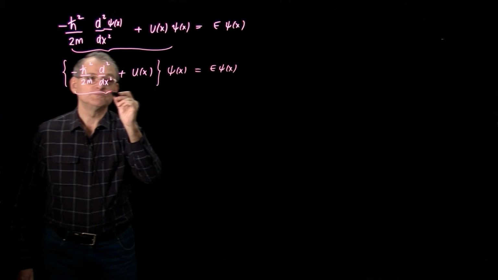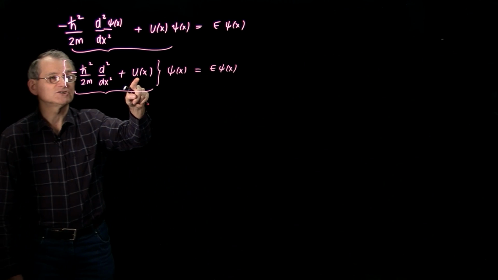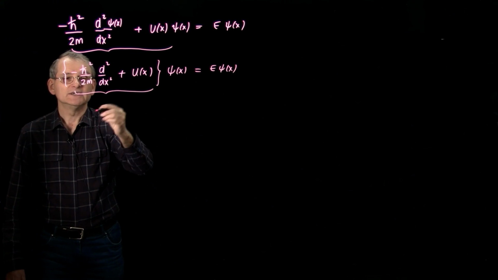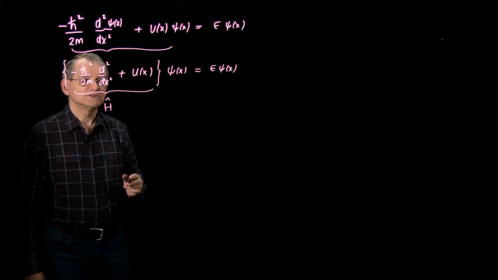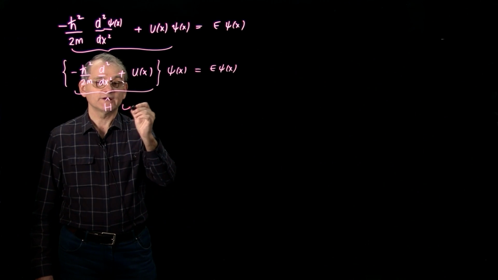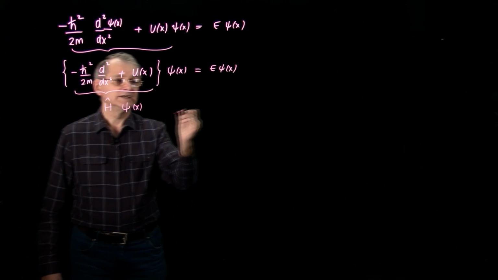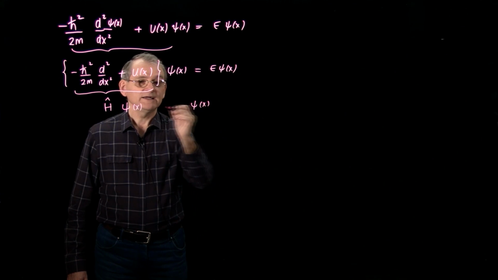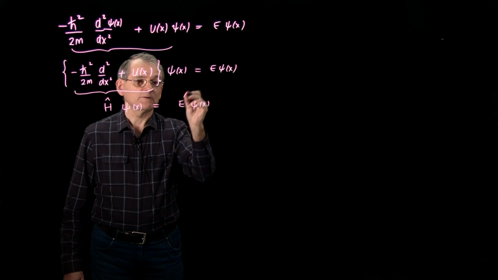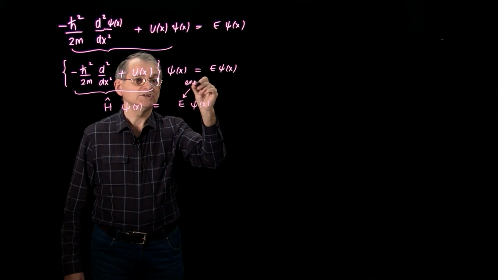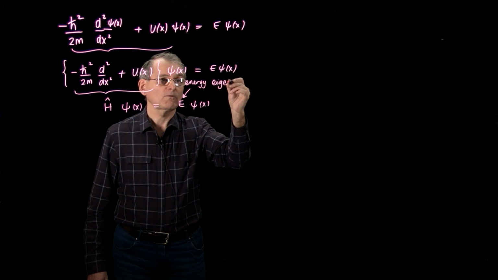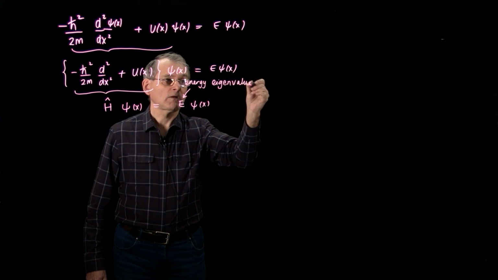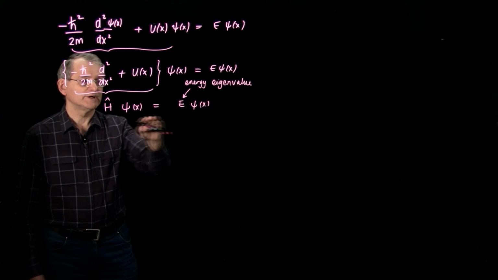And this object here, which consists of the potential energy and indeed the kinetic energy, is known as the Hamiltonian, or the Hamiltonian operator. And so what we can see is the Hamiltonian operator acting on the wave function gives us the wave function back, and it's multiplied by a real number, which in this case is the energy, or to be precise, the energy eigenvalue. So this is known as an eigenvalue equation.